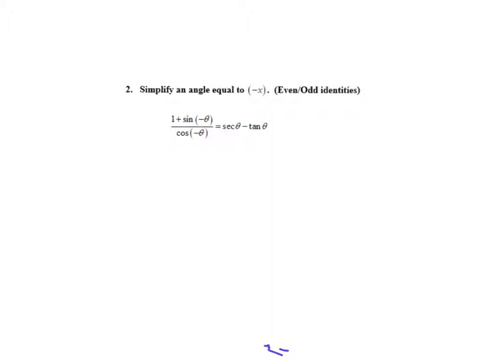So we'll write our equals. And we know the sine of negative theta is negative the sine of theta. So we're going to write that down. And in the bottom, the negative disappears, so it's going to be cosine of theta. Pardon my scribbly writing.